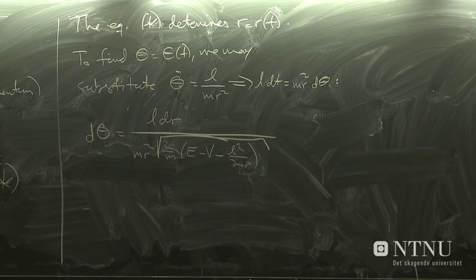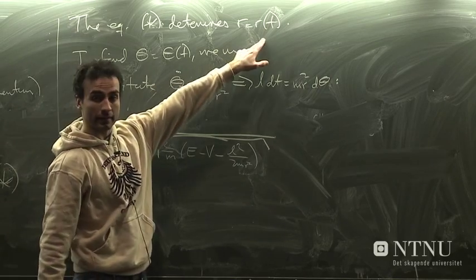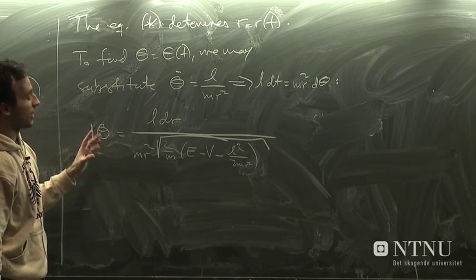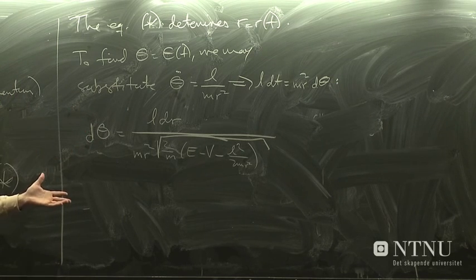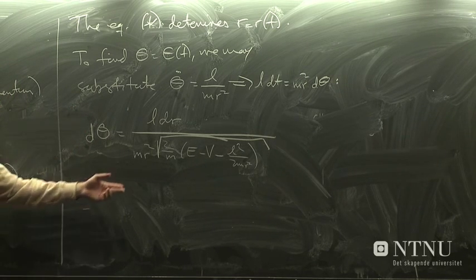So one viable strategy to solve this problem, it's not the only strategy possible, would be to first integrate this equation, obtain r as a function of t, and then solve this equation, integrating on both sides and then substituting r as a function of t into this.